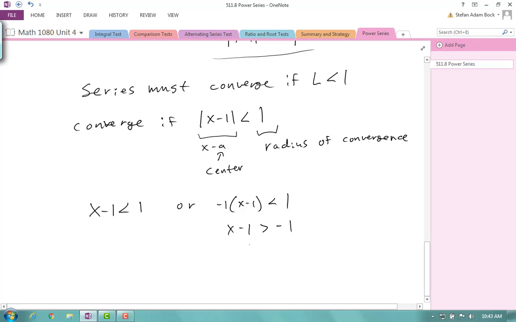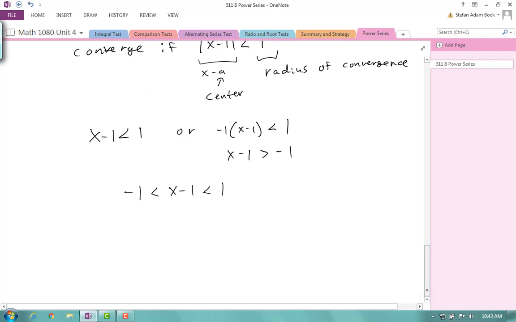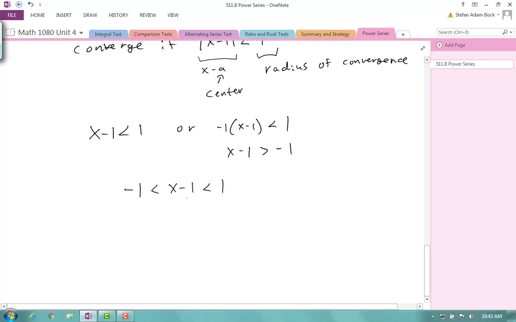Which says negative 1 is less than x minus 1, which is less than 1. And if I add 1 to all three parts, I have 0 is less than x is less than 2. Which is an interval.